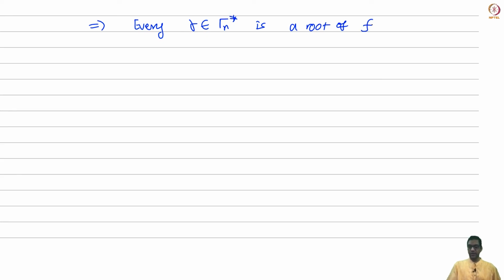Okay, so what does that mean? It means that our original equation, phi n of x, was the full product of x minus gamma over gamma in gamma n star. This was f of x times g of x times other terms and so on.